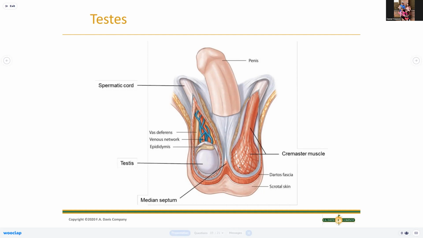For the male, the testes again are the primary sex organ that makes sperm, and men need that. It also helps with testosterone and other things. So testicles are important. But yeah, the skin that holds the testicles in place is the scrotum, and that's the biggest thing. I'm not going to worry about all the other stuff here.